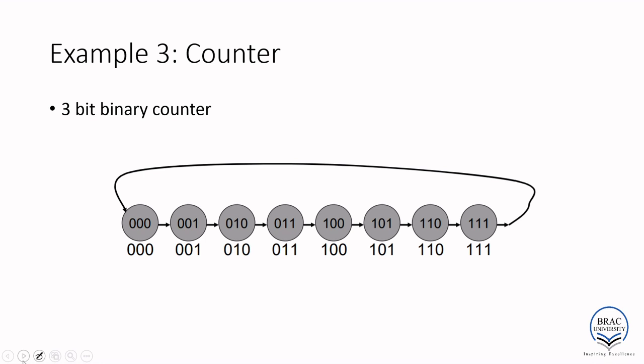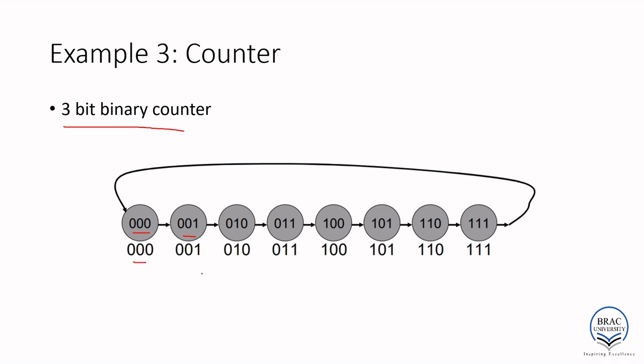Another example is the counter example, which is basically a counter or a stopwatch. What it does is just counting. We have a 3-bit binary counter, so we have 3 bits on each state. Whenever there is a clock pulse, we up count.